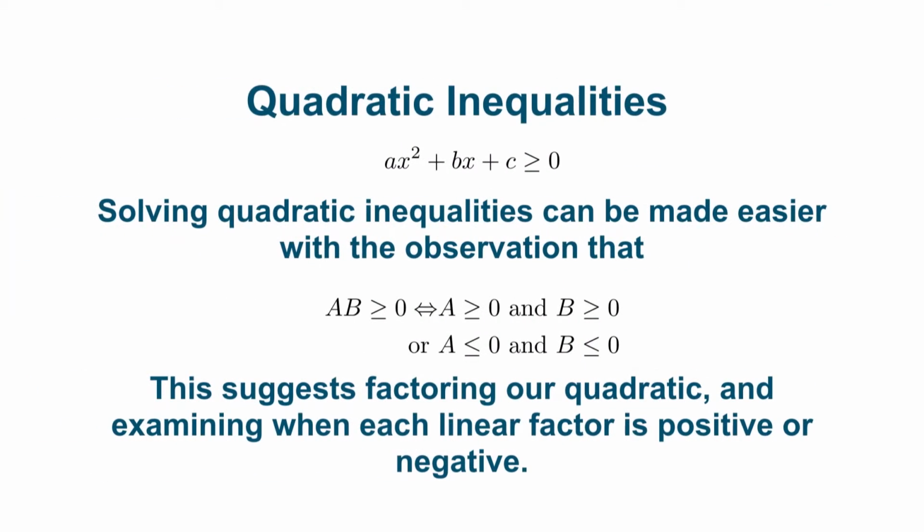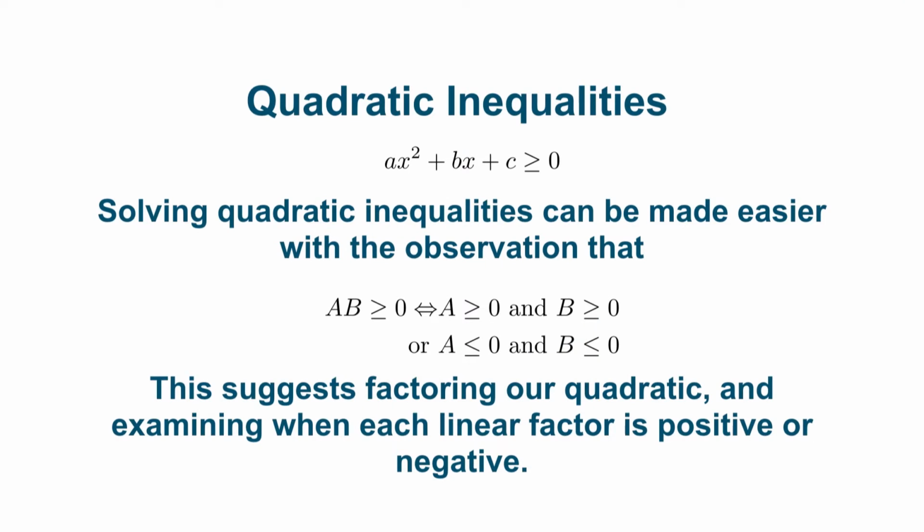So how would we handle quadratic inequalities? Well, this is not too difficult. All we have to remember is that two numbers, a times b, their product is greater than or equal to 0 if and only if either both of them are greater than or equal to 0 or both of them are less than or equal to 0.